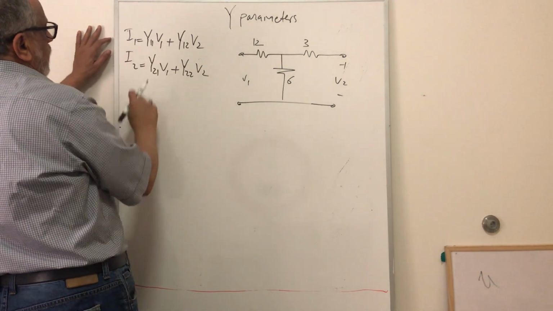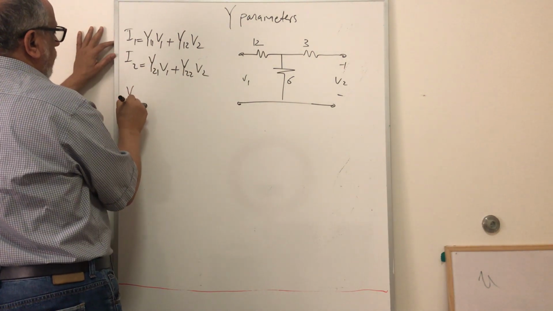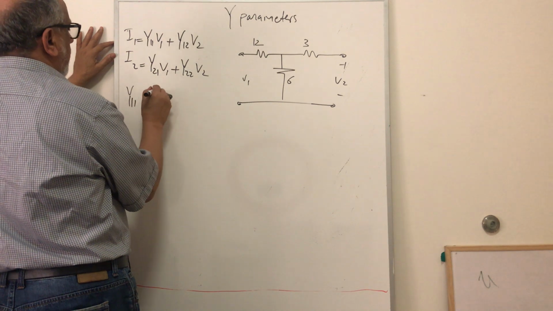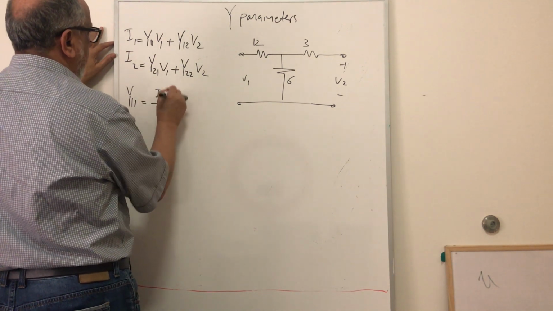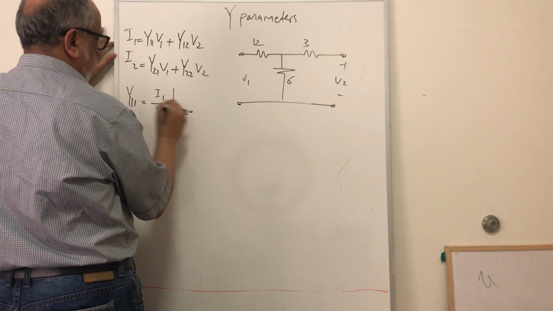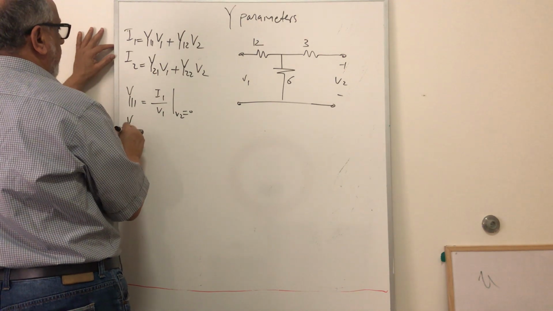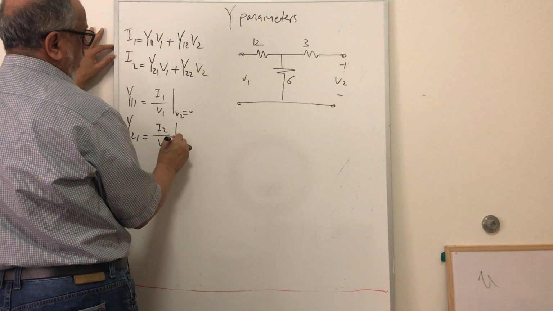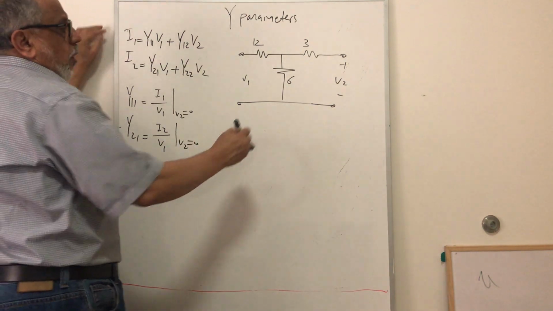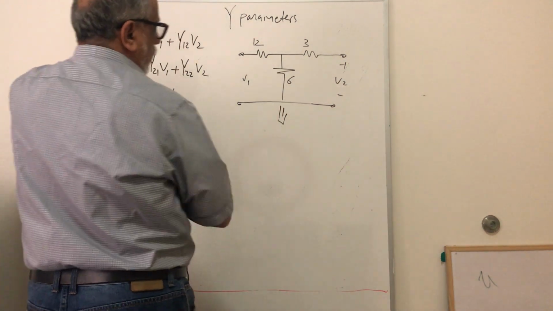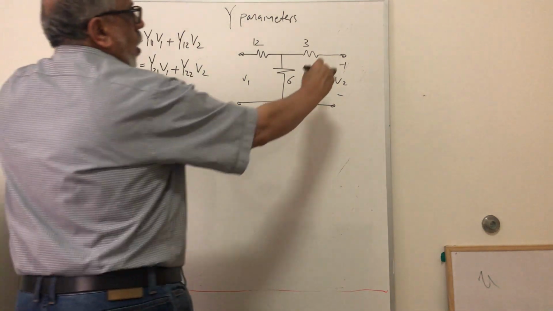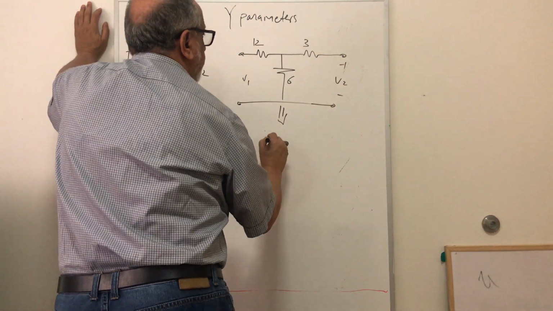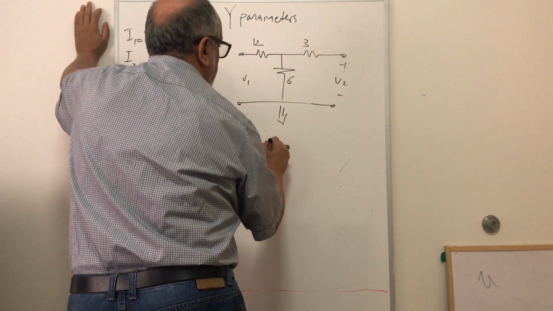So to find these two first, let's say we want to find Y11, then it is I1 over V1 when V2 equal to 0, right? And Y21 equal to I2 over V1 when V2 equal to 0. So what we have to do in this case, to find the first two parameters, we short this, so we can draw the circuit as follows.